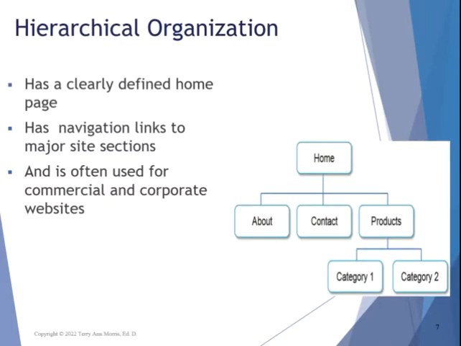Hierarchical organization. A hierarchical organization has a clearly defined homepage, as we can see on the slide. It has navigation links to major sites and sections, and is often used for commercial and corporate websites. Looking at the hierarchical structure on the slide, we can see that the home button is right at the top, and next on the hierarchy are about, contact, and product, whereas last on the hierarchy are the categories buttons.